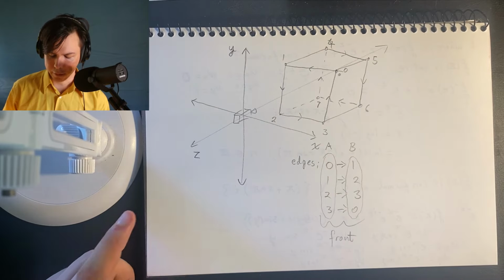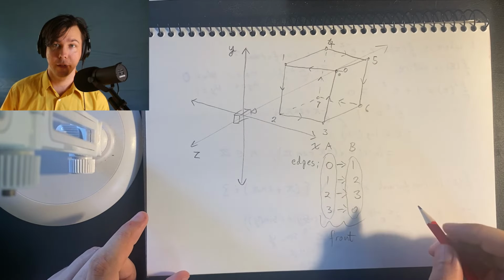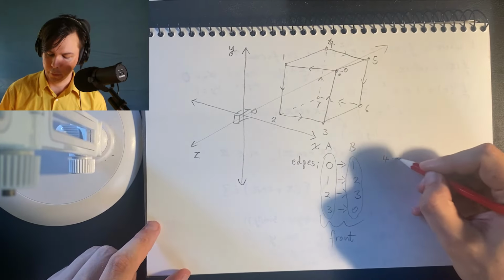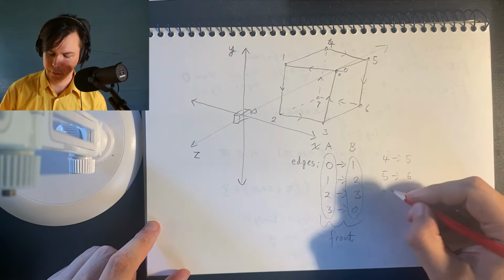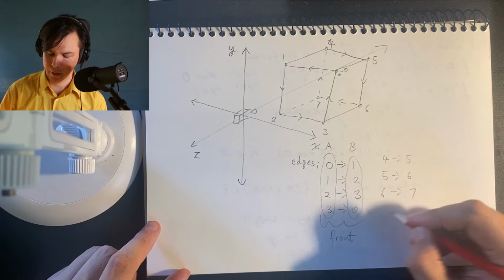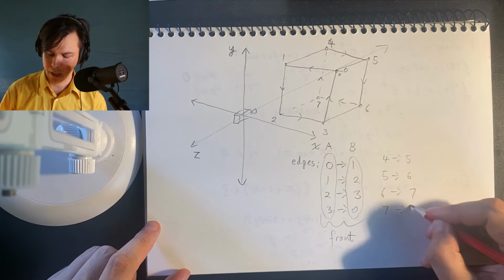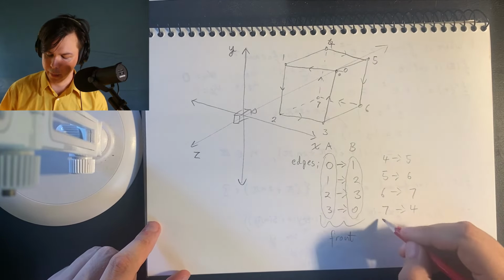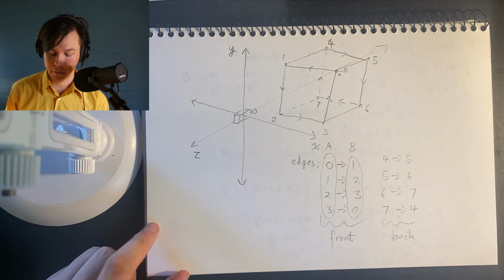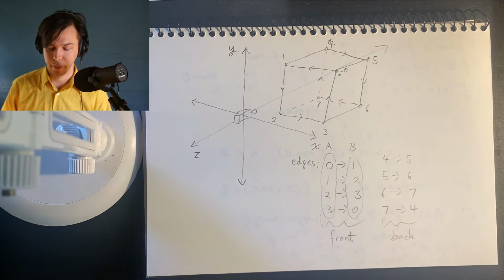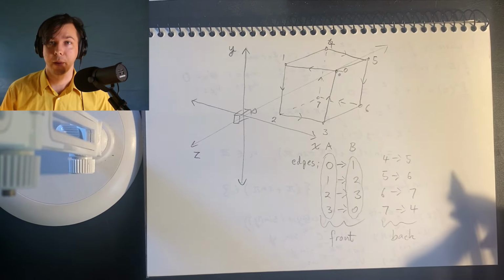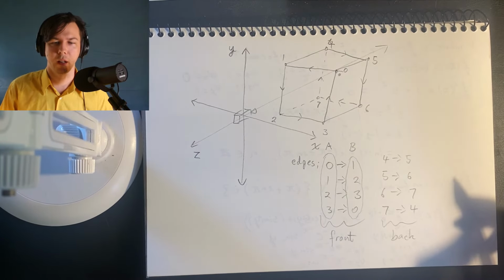Okay, so that's all well and good. We'll also need some back faces. So for the back faces, I'll go 4 to 5, 5 to 6, 6 to 7, and then 7 back around to 4. Okay, so that's my back. And then that's not going to cover everything because I'll still have these little miscellaneous sides. So this is what I was saying about, don't worry too much about backface culling or anything.